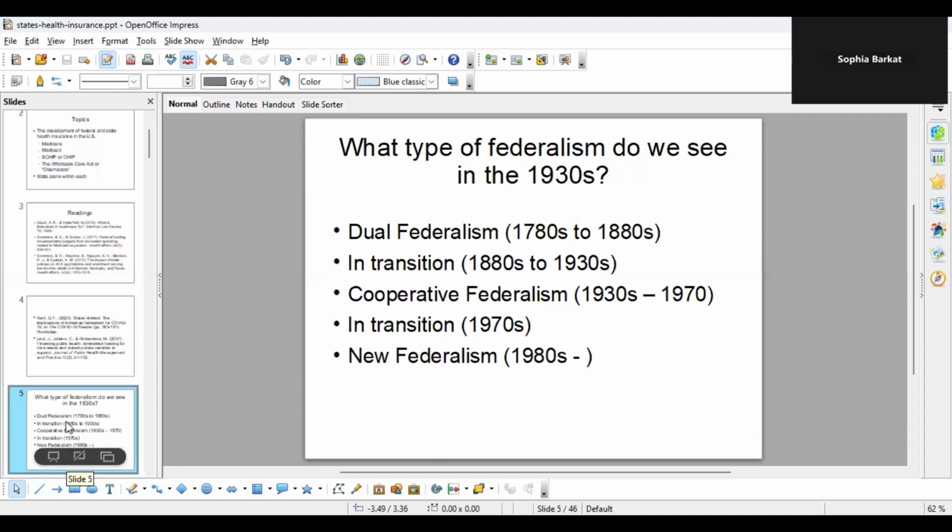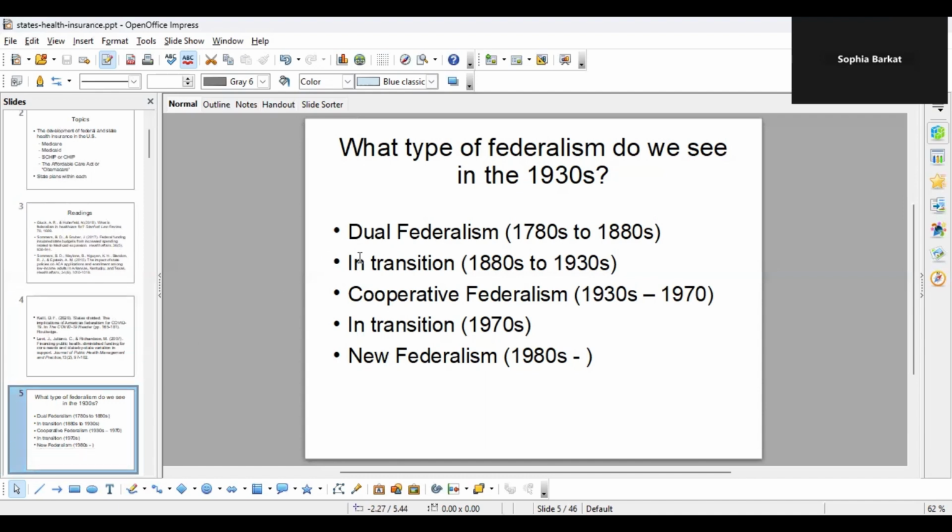Basically, in dual federalism, we saw an entire separation of the powers of the federal government and the state governments. When it came to general welfare, there were some debates over who had rights, but state powers, especially reserve powers, were generally respected by the federal government.